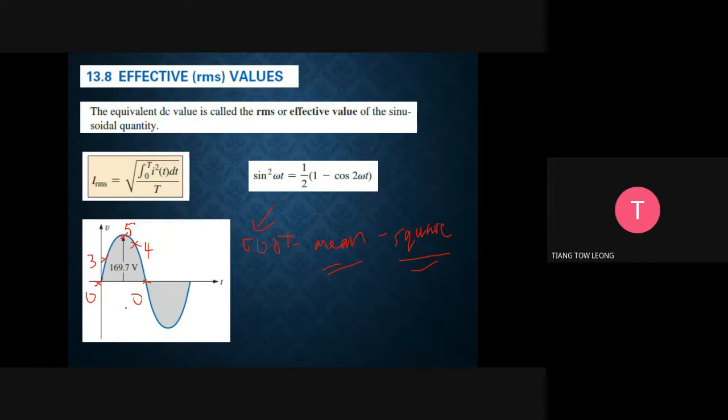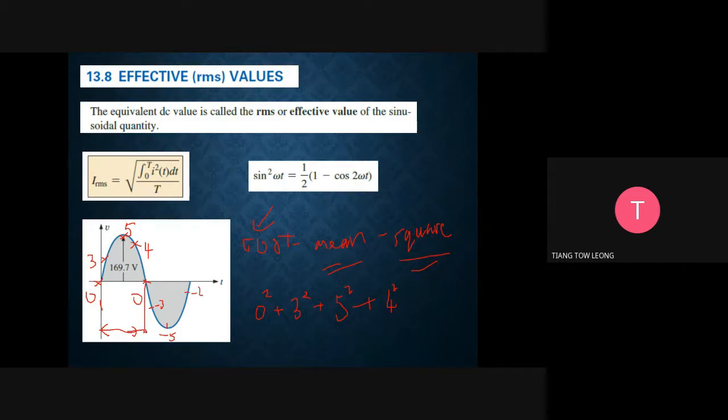If we want to find the root mean square value only for this cycle, how we do that is we use 0 square, plus 3 square, plus 5 square, plus 4 square. For example, minus 3, minus 5, minus 2.